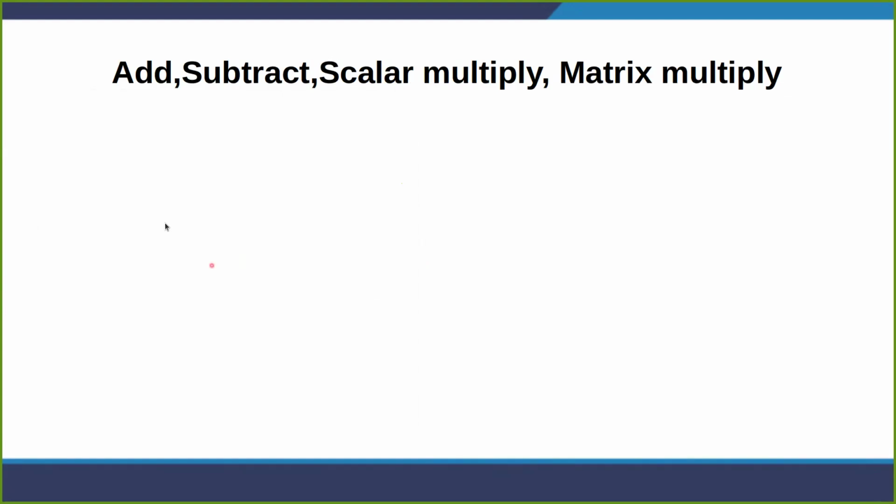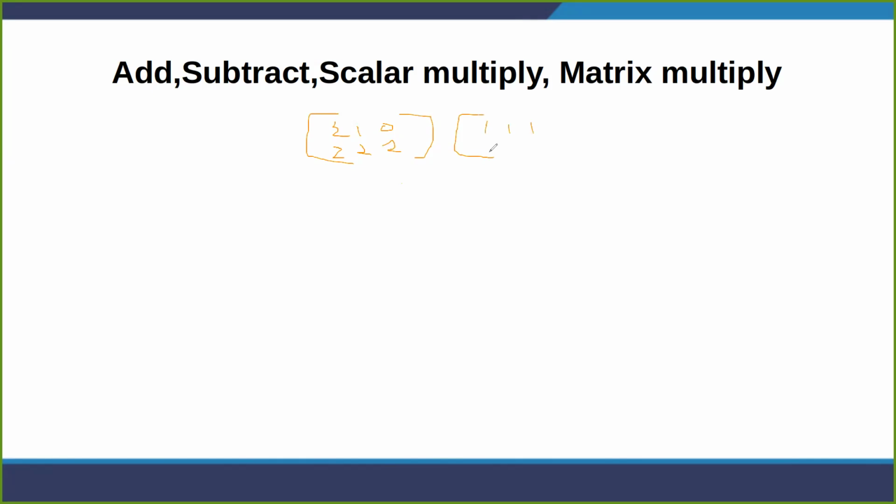Let's move forward. So how do we add, subtract, multiply? First, I'll tell you the syntax. Like I said, you have to have the same shape. If this is a 2 cross 3 matrix with 2, 1, 0, 2, 2, 2, then you also need a 2 cross 3 matrix.